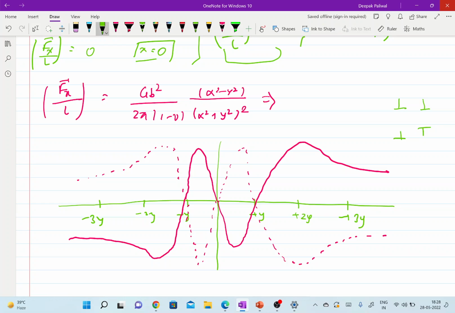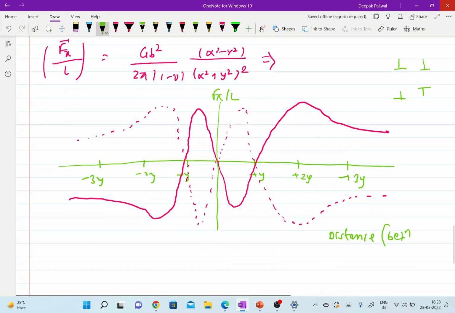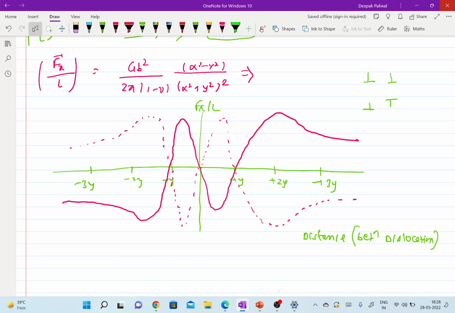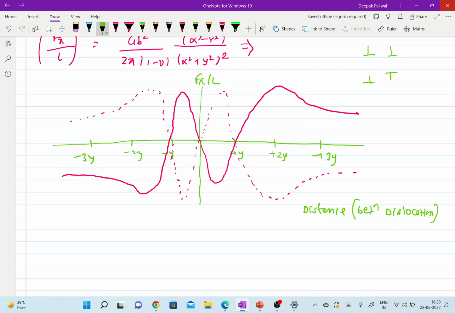So this is fx per unit length. This is the distance between the dislocations. So suppose we have dislocations with the same sign.